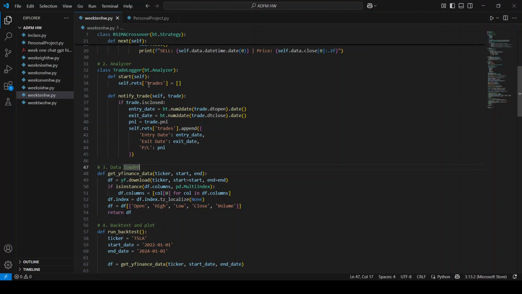It will log an entry date, the exit date, and the portfolio profit or loss. All the trades are stored in self.trades, line 38 here.